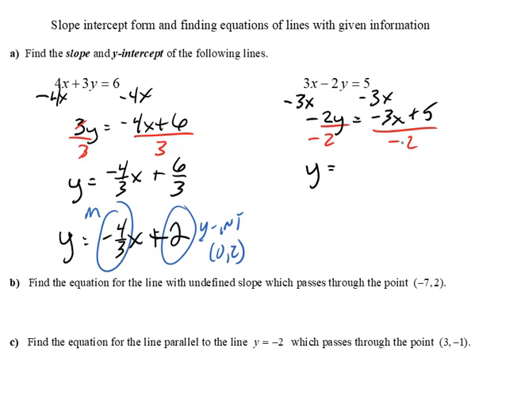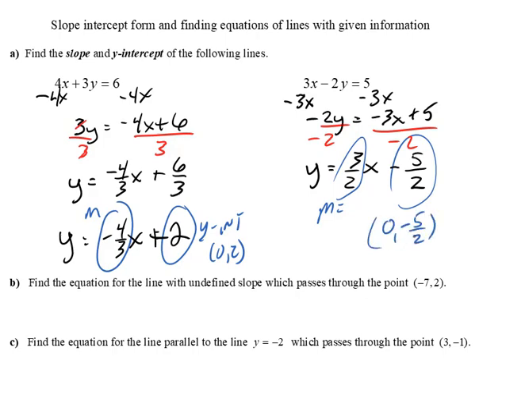Negative 3 over negative 2 is positive 3 halves x, and then 5 over negative 2 is negative 5 halves. So for this one, it's in slope-intercept form now. 3 halves is the slope, and negative 5 halves would be the y-intercept, or 0, negative 5 halves would be the y-intercept.